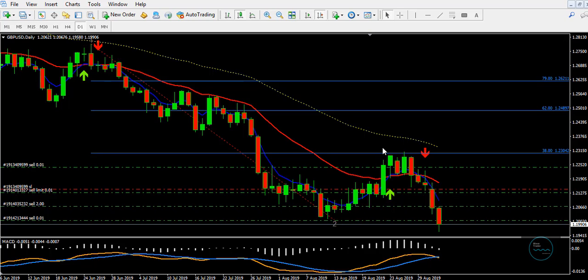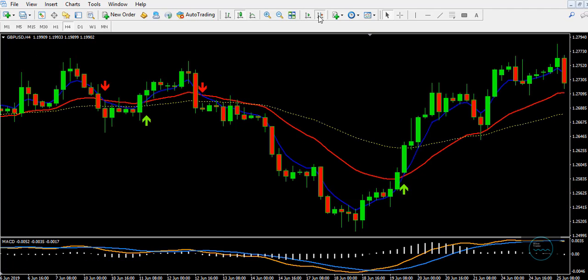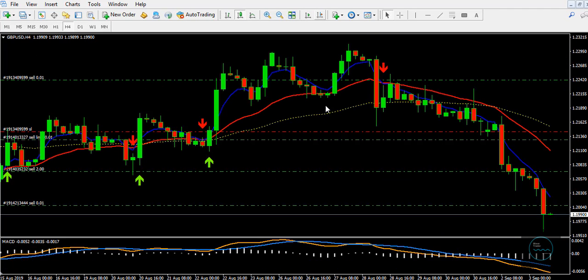So I've been keeping my eye on this for quite some time, for over 2 weeks now. So when price began to hesitate around the 38% level, what I did was I started checking it out from the 4-hour chart. Okay, I got knocked out once, I think, somewhere here.